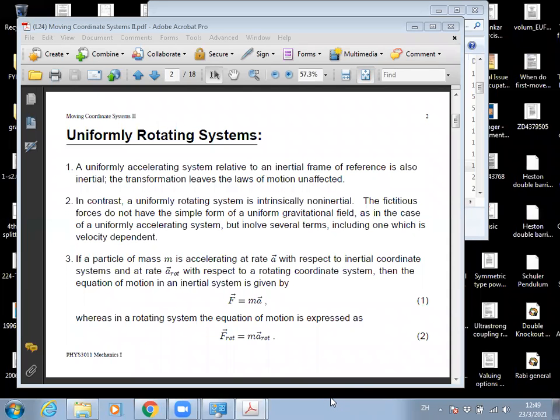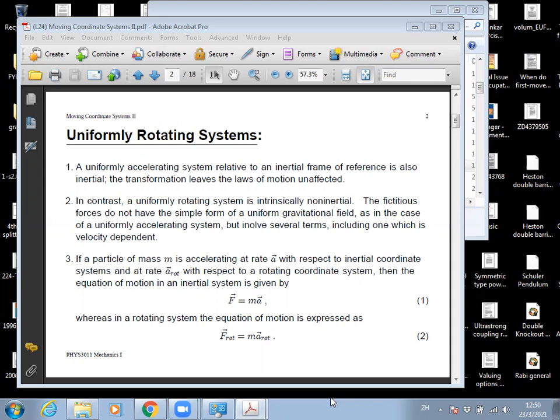Okay. All right. So a uniformly accelerating system is very simple. We can treat it as an inertial frame of reference, provided that we can add an appropriate fictitious force. Then all the physics, or all the procedures that we used in dealing with physical problems in non-inertial frames, can be applied to such a uniformly accelerating system.